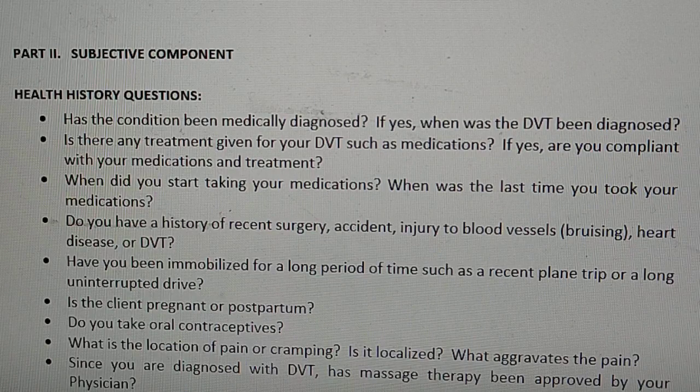Okay, so you're gonna ask the client, has the condition been medically diagnosed? If the client has varicose veins, you're gonna ask the client this question. If yes, when was the varicose veins or deep vein thrombosis or thrombophlebitis diagnosed?